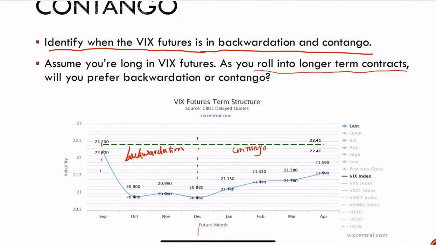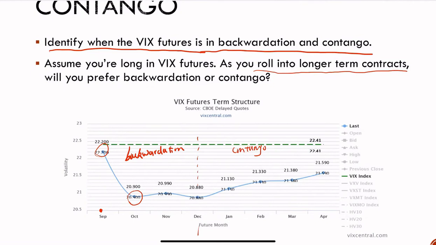For example, let's say today is September 31, and you know that on this day this September future will expire. So what you have to do is roll into this October futures. You will sell this September futures and you will buy October futures.